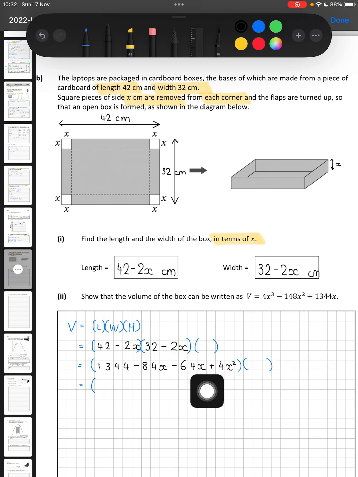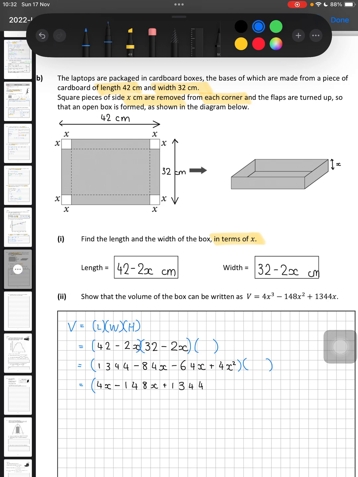Let's put the x squared part first, because that's how we usually see quadratics. When we have multiple x's with different powers, we usually see the highest power first. So 4x squared, then minus 84 minus 64, so that I get minus 148x, and then plus this 1344.